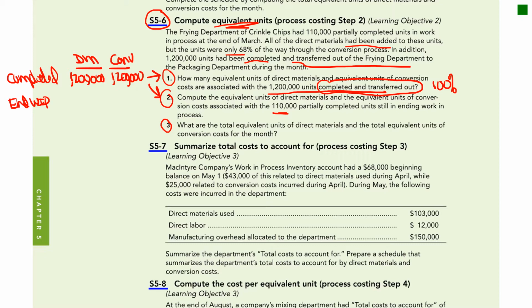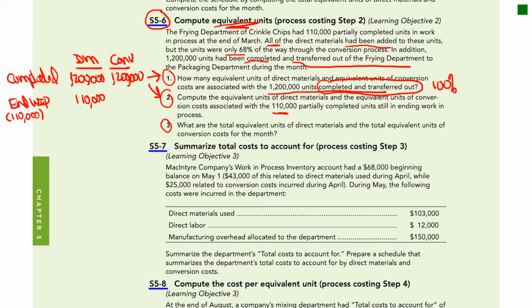Part two is basically looking at ending work in process. And this one, of the ending work in process, they tell you of 110,000 that are partially complete, they want to know how much of that relates to material completion and conversion completion. Now, when they tell you that all of the materials had been added to these units, that means that the materials are 100% complete. So you'd put 110,000, again, 100% complete for materials.